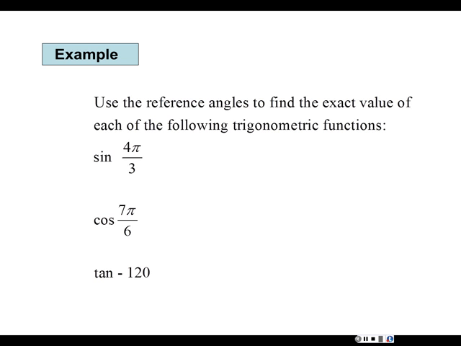But for cosine, the values are reversed. So this is 0, this is 30, this is 45, this is 60, and this is 90. When you know sine and cos, you'll be able to know everything else, because the tangent is nothing but sine over cos, and the other three functions are just reciprocals of these three.